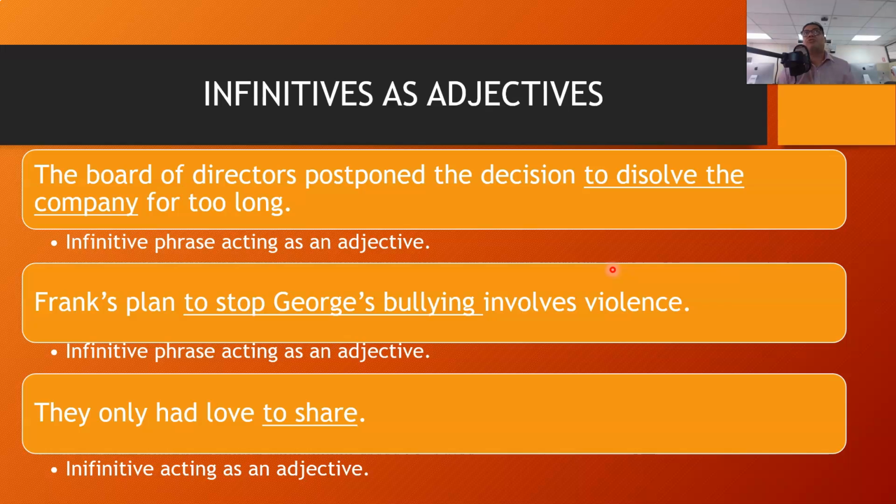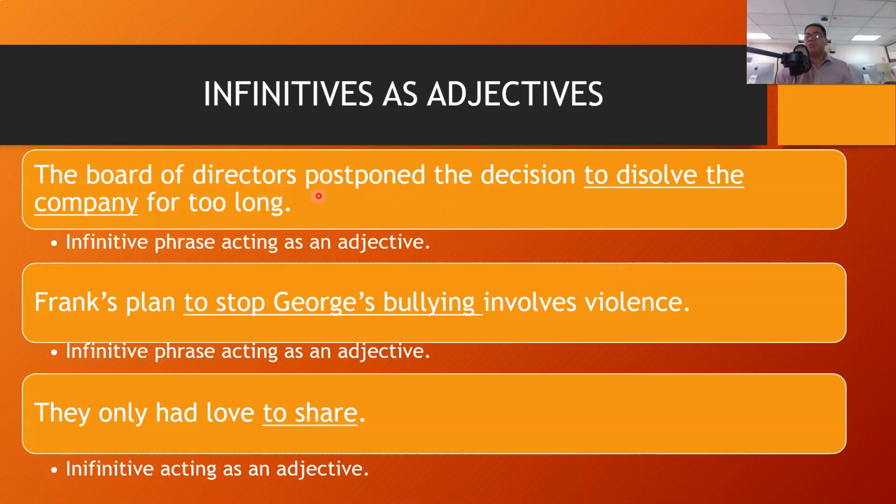No, you have to check that the infinitive is actually telling you something about the noun. Remember that the function of an adjective is to describe the noun, to say something about the noun, to enrich its meaning with some quality, with some detail, with something that makes you understand better what noun you are talking about. Let's check these examples.